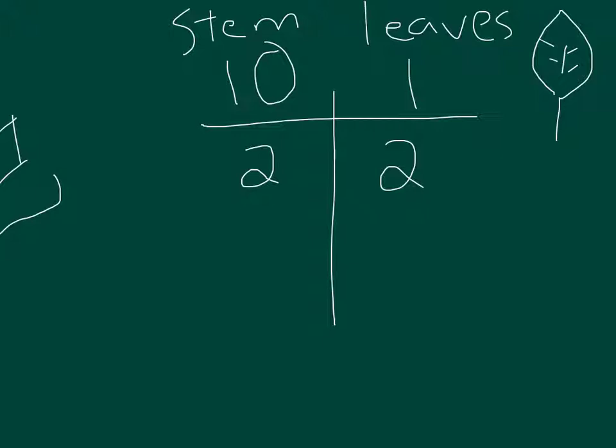We don't have to write the 2 again. Just leave that 2, but we do add the 9 over here. And then we have, let's say, Cheryl, and she eats 24 candies per week. So we just add the 4, because we have the 2 for the 20 in the tens place, and then the 4. And that's a stem and leaf plot.